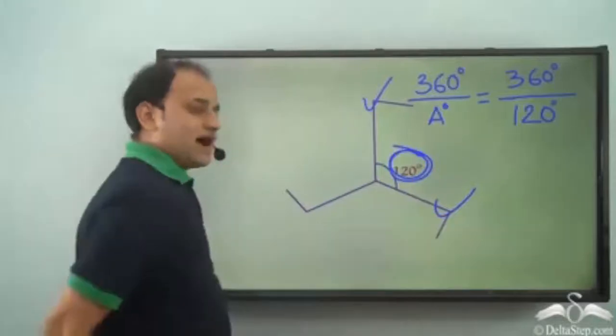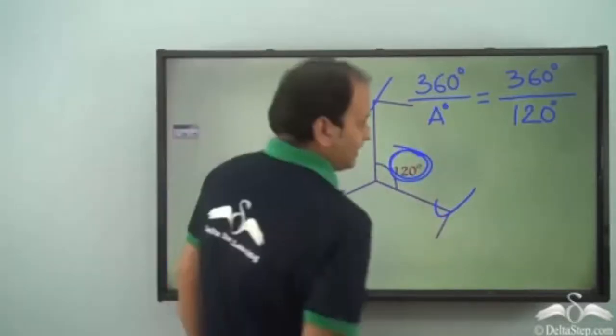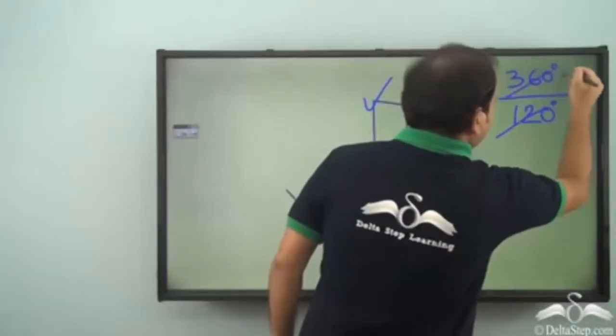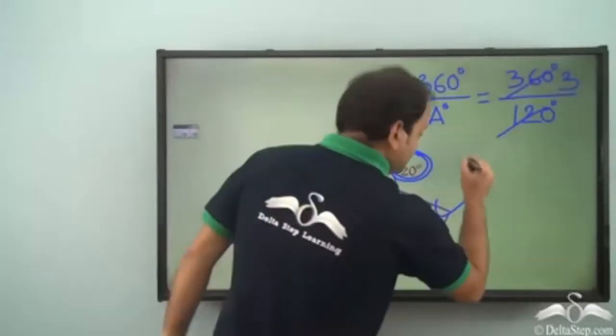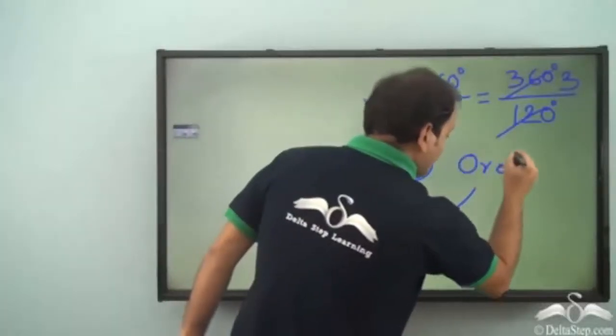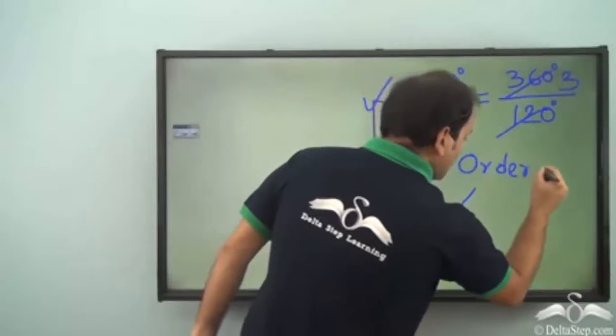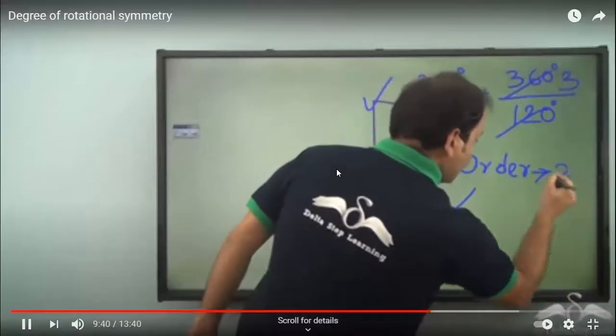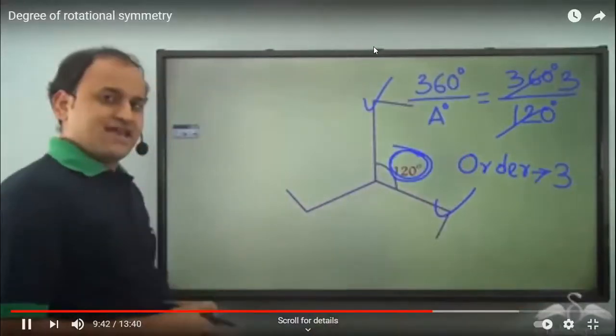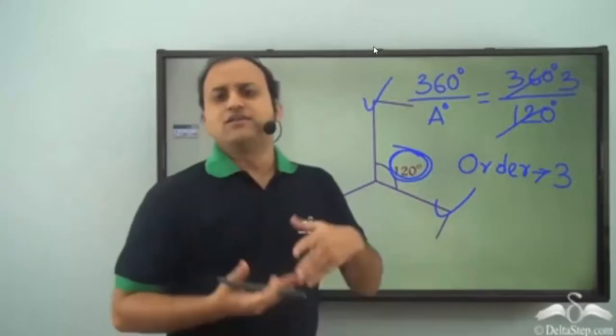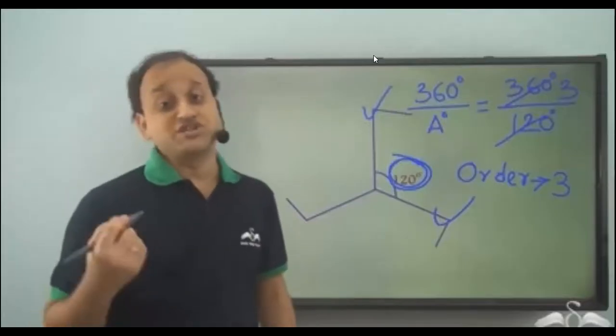So what will be the answer in this case? It will be 3. So the order is 3 in this case. And similarly, you can find the order of any particular object which shows rotational symmetry.